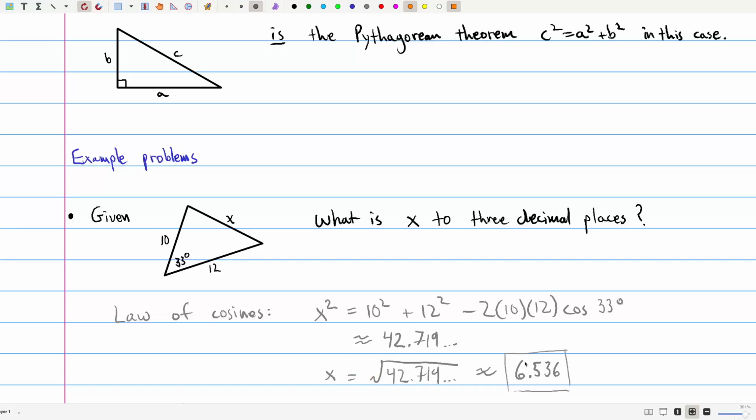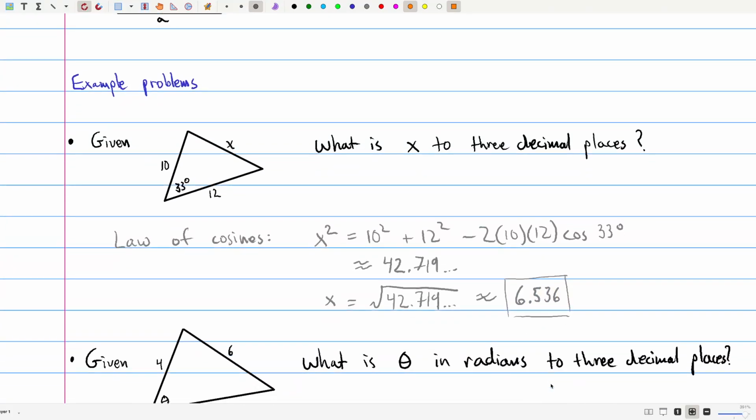I took the square root on the calculator, and I have this ellipsis here to remind ourselves that when you're doing these intermediate calculations, it's better to take the square root of what's actually on the calculator rather than rounding to 3 digits the whole way through. So this is the correct answer when rounded to 3 decimal places.